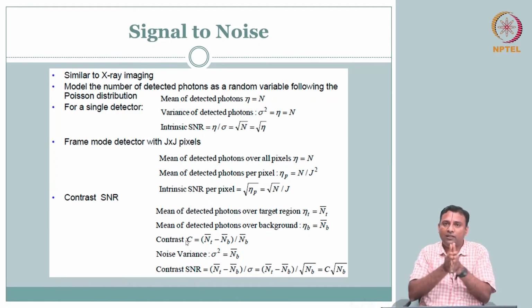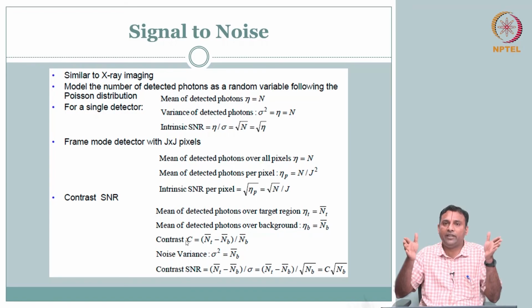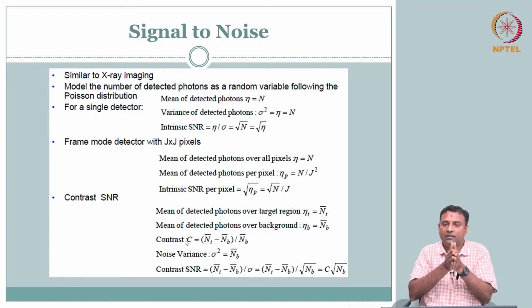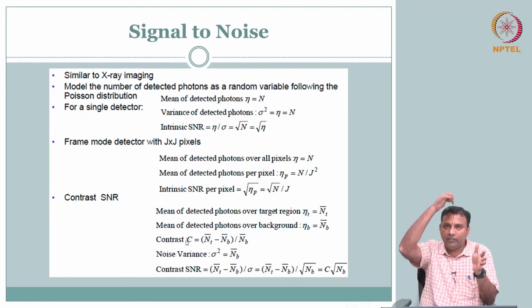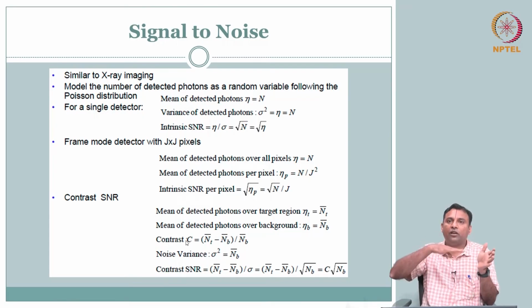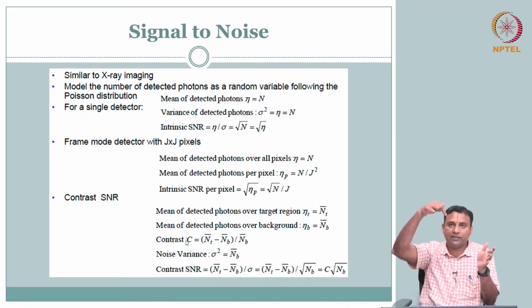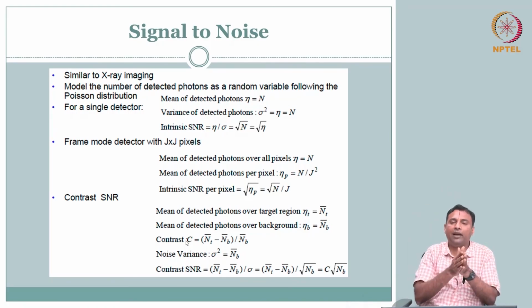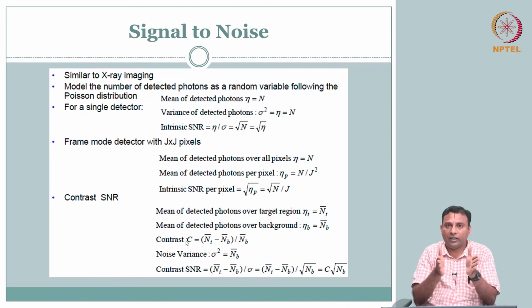We have collapsed the object, x, y, z, but in reality we would like to know where the radioactivity is along the depth. If we take a particular cross section, we would like to know where the radioactivity is along that z. Right now in planar scintigraphy, that is lost.